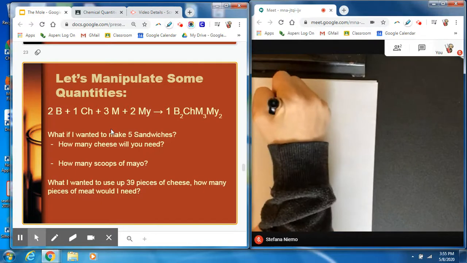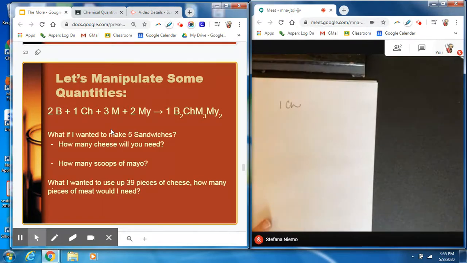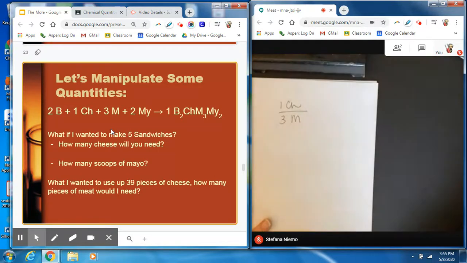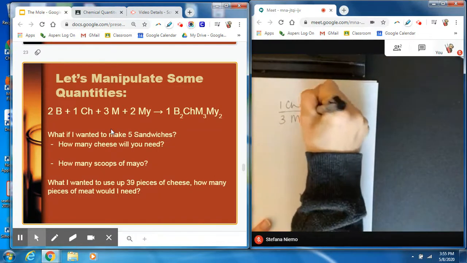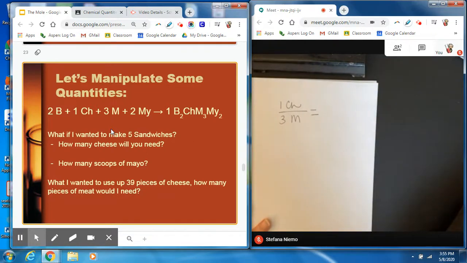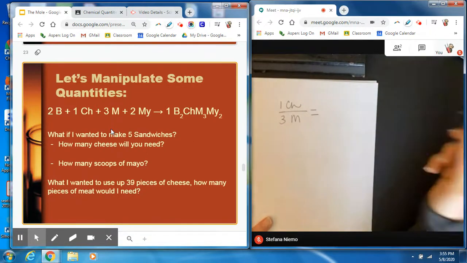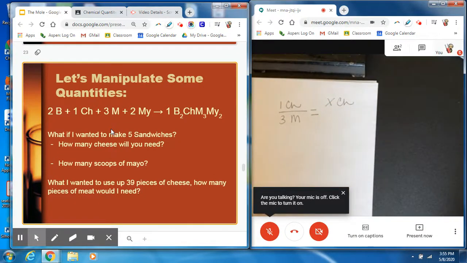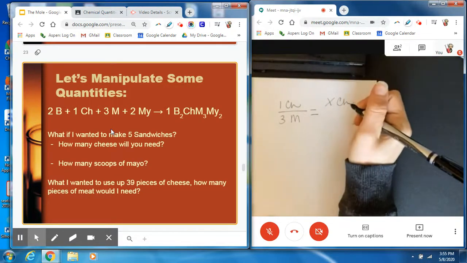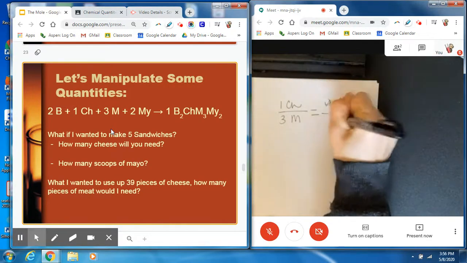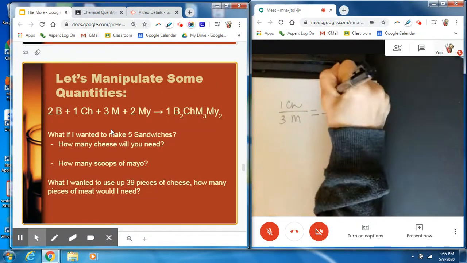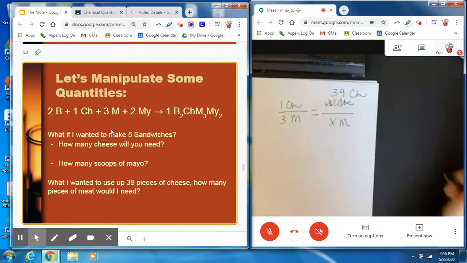In other words, for every 1 cheese, I need 3 meat. Now, can I use that information to help me figure out how many pieces of meat I would need in order to use up 39 pieces of cheese?